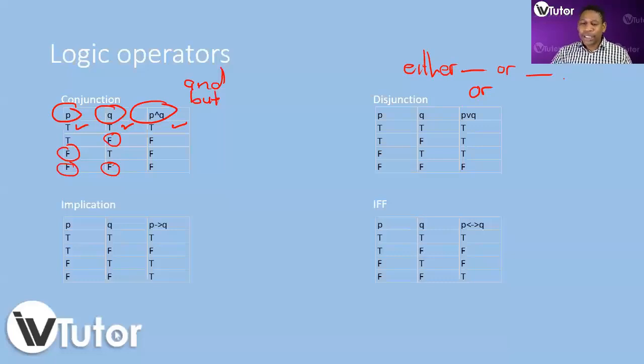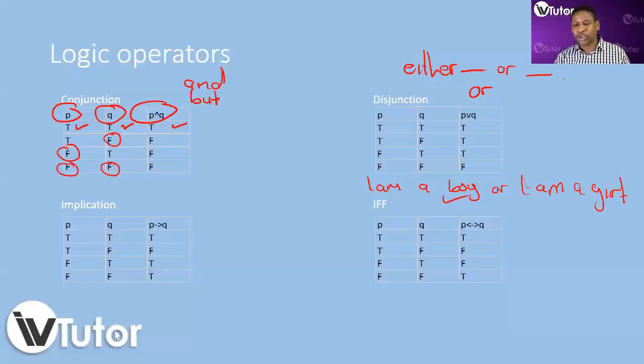If you have two statements with a disjunction between them, let's say I am a boy or I am a girl, at least one needs to be true.